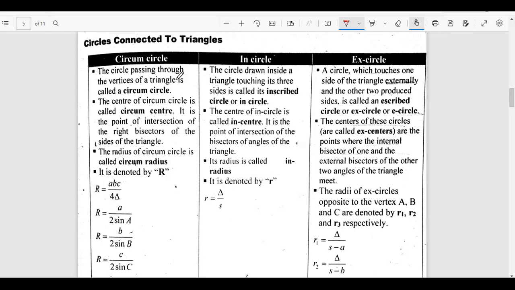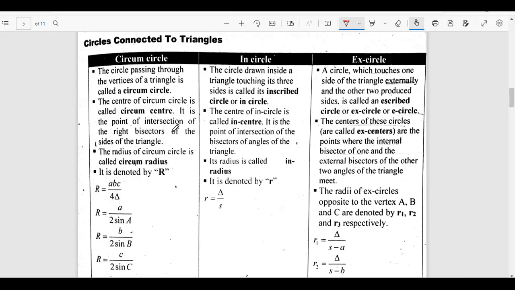The circle passing through the vertices of a triangle is called a circumcircle. The center of the circumcircle is called the circumcenter. It is the point of intersection of the right bisectors of sides of the triangle.